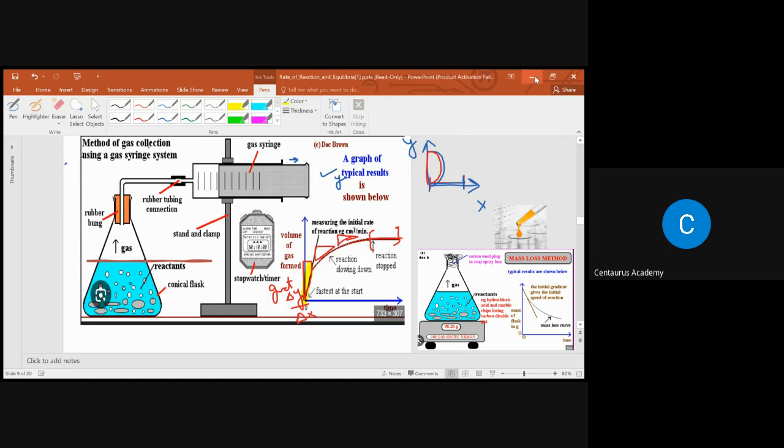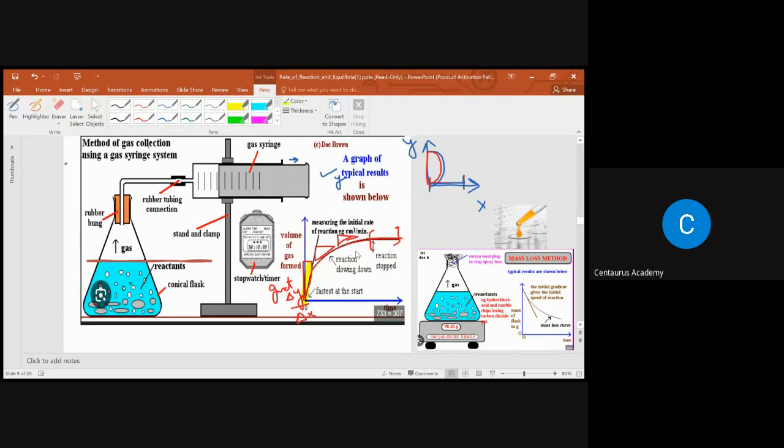Okay, very good. So which is why we see that the gradient of the curve initially is very steep, which means that the rate of reaction is greater, or fast, as compared to the subsequent rates. As the tangent gets less and less steep, this means that the rate of the reaction also decreases, because now the reactants are being used up.